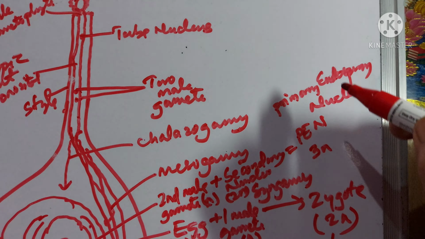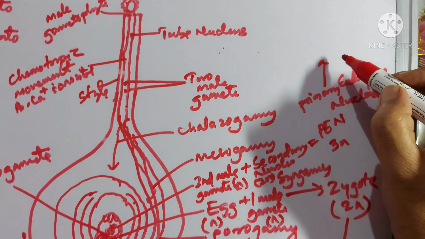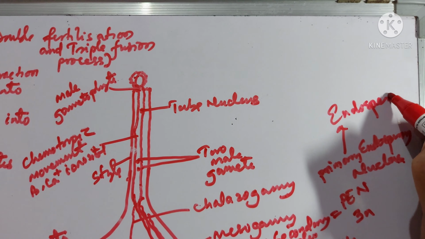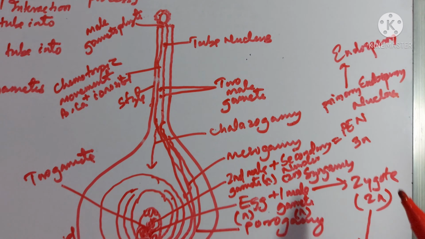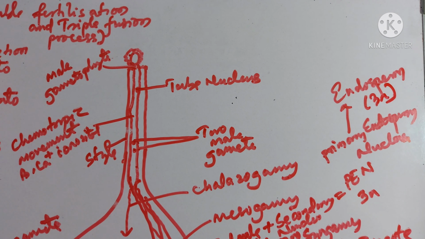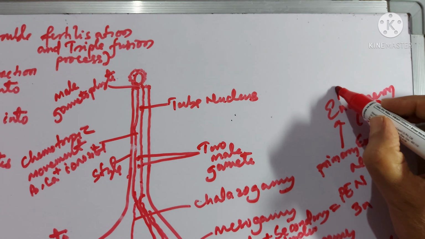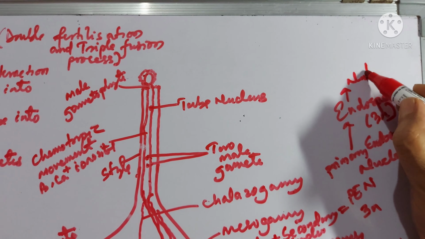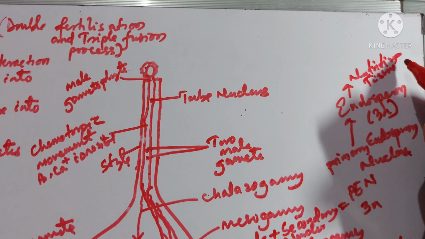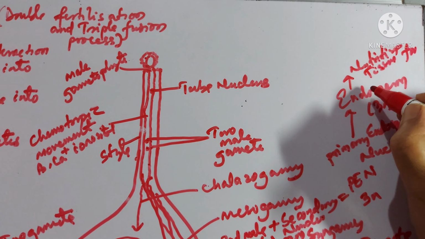This PEN in future gives rise to endosperm, which is triploid in nature, and this endosperm is the nutritive tissue for the growing embryo.